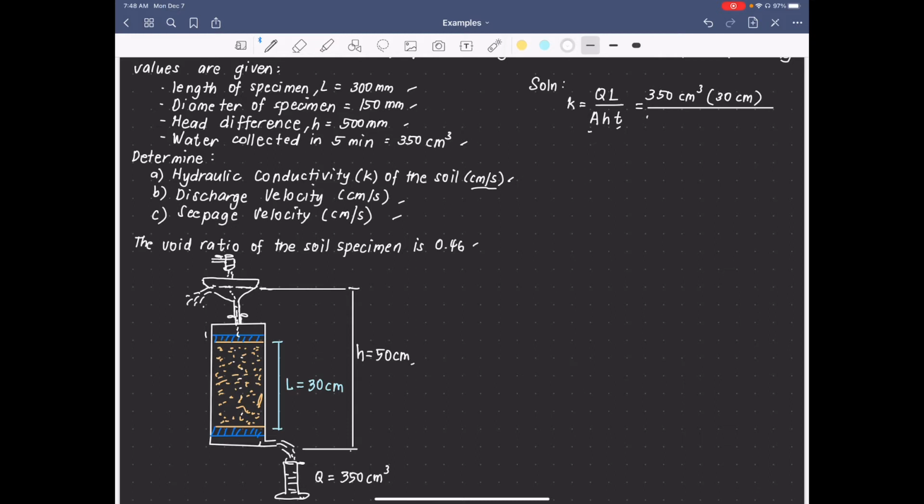So the area would be, let's say, pi over 4 times D squared, where the diameter is 150 millimeter, which is 15 cm, squared. Then we have the head difference of 50 cm. And the time required to collect the total amount of 350 is 5 minutes, or that is equivalent to times 60. Let's make it in seconds because we need the permeability in seconds. So 5 minutes is equivalent to 300 seconds.